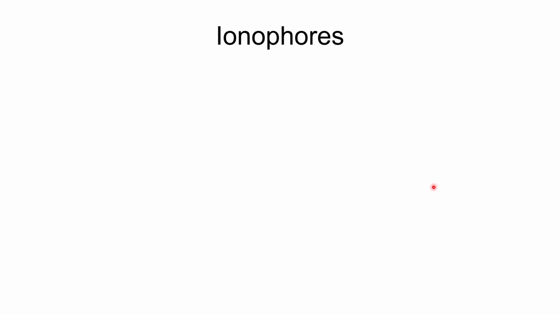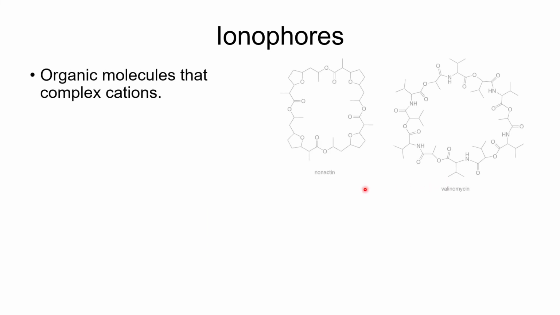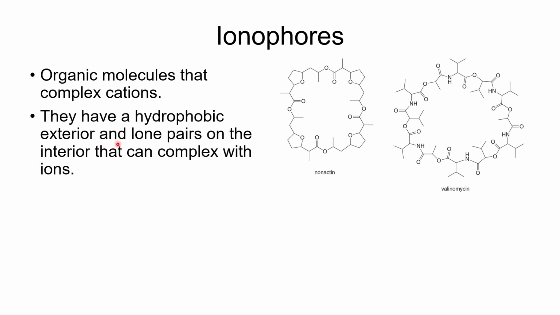But anyway, there are things that are called ionophores, and the ionophores form complex cations with ionic compounds, so like sodium or potassium or whatever. The cations will have an ion dipole interaction with these polar bits of the molecule.